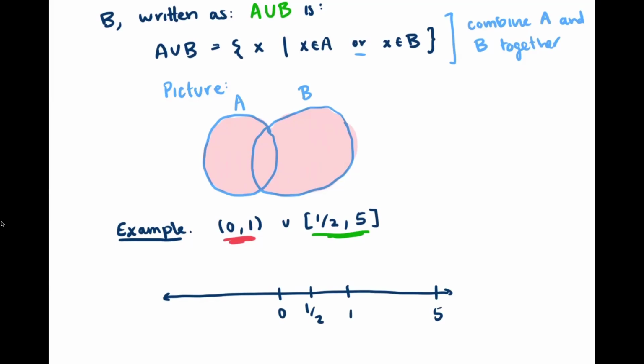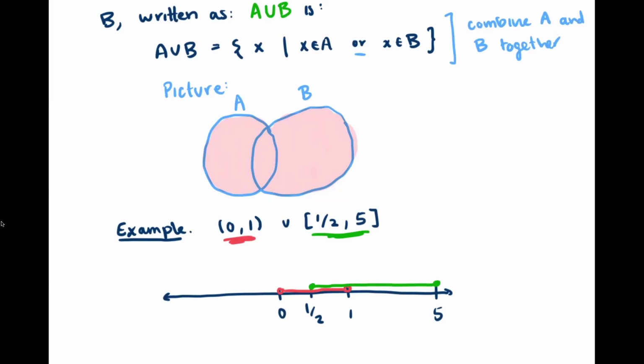It's not really to scale, but just getting them in the right order is all that's really important. So I have the interval from 0 to 1. That's going to look like this. I have an open dot there and an open dot there. And that's my interval from 0 to 1. And then I have the closed interval from 1/2 to 5. So it looks something like that.